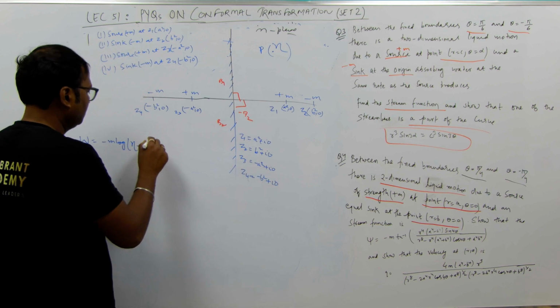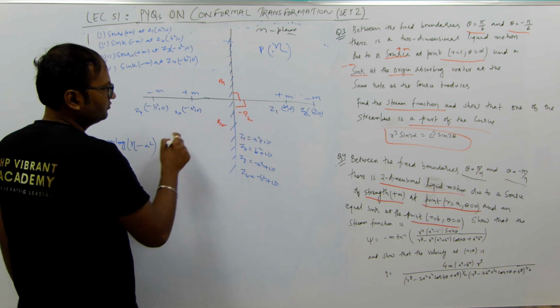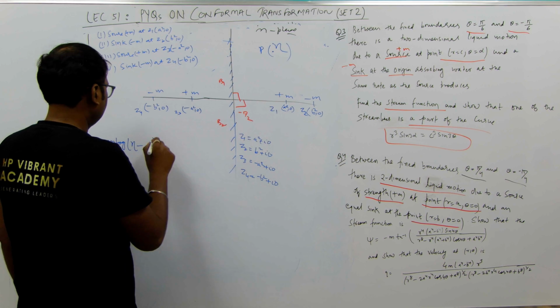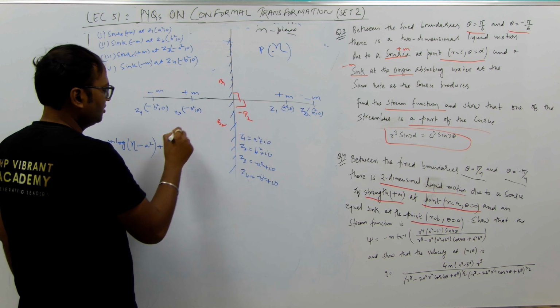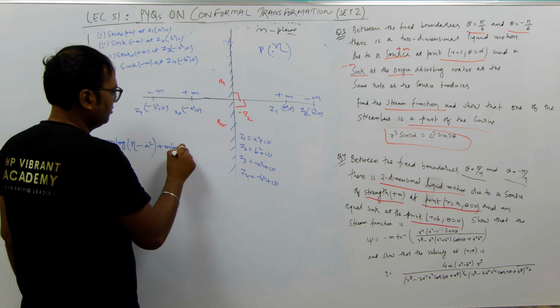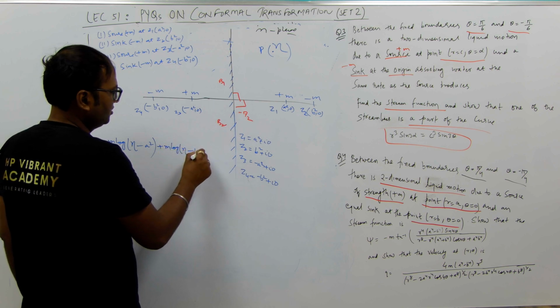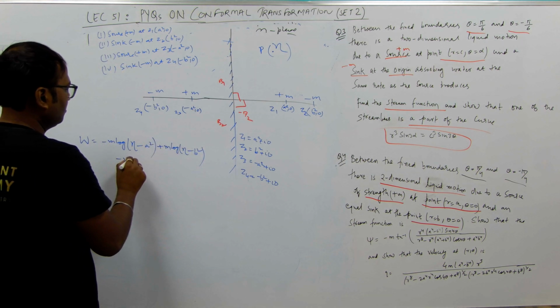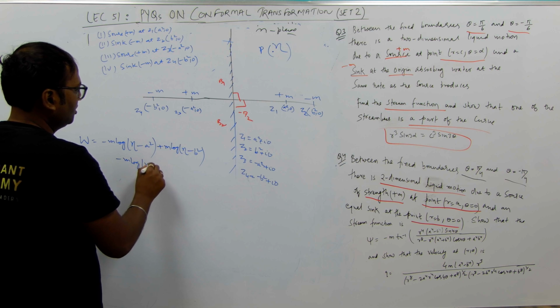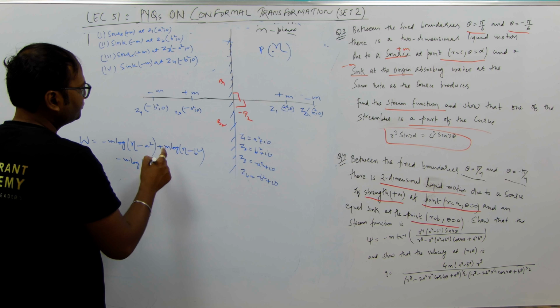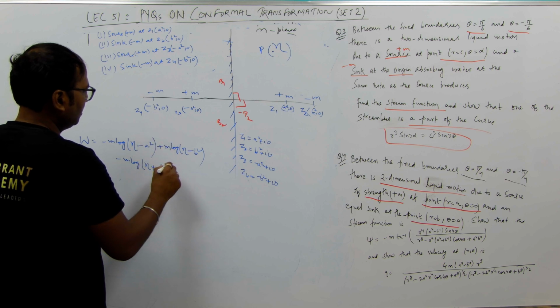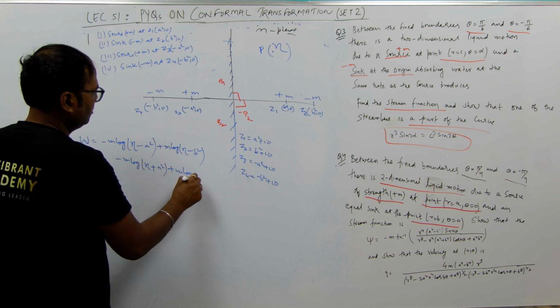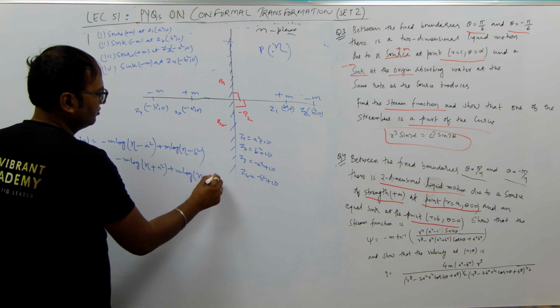So this is minus, corresponding to this Z1. Okay, plus, for sink, this is plus m log of eta minus b square. Okay, now for Z3 this is minus m log of eta plus a square, and this is plus m log of eta plus b square.